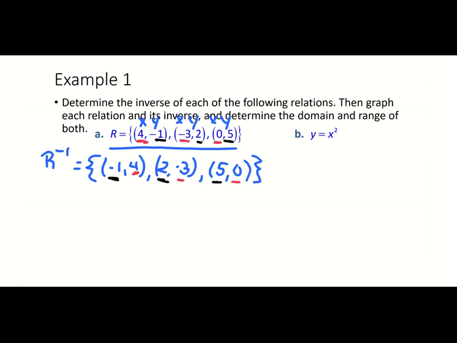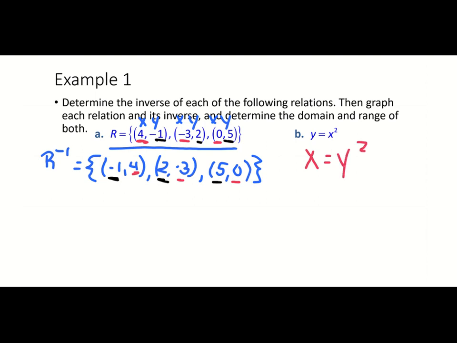All right, for B, again for your inverse, the inverse relation is the set of ordered pairs in which the coordinates are interchanged. So basically, what you're going to do is switch x and y. So we are going to have x equals y squared.